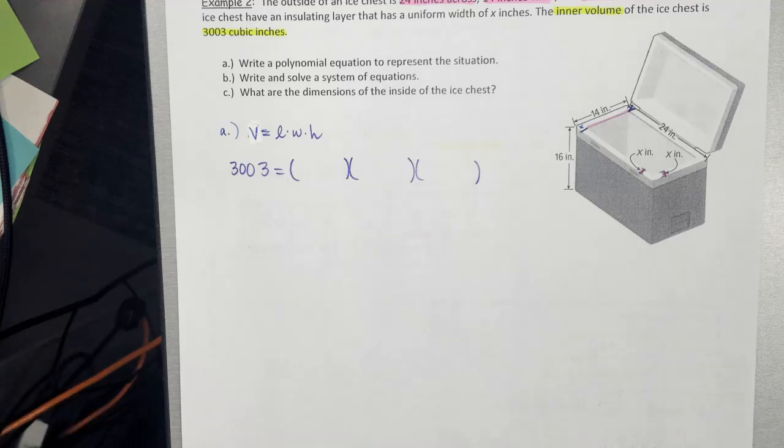Let's see if you can come up with a way to rewrite the length, the width, and the height. If the height is confusing you, at least the length and the width.